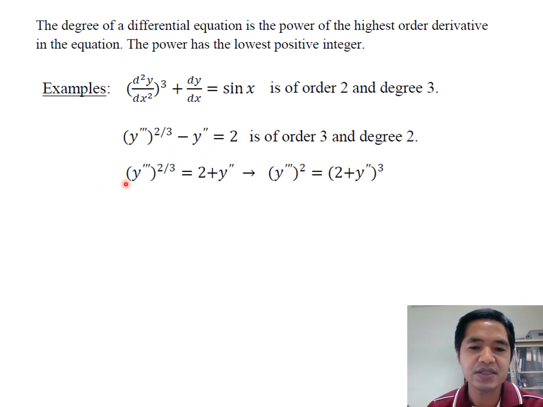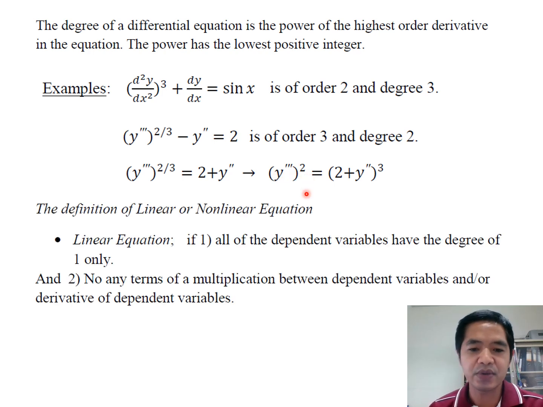We move it so y triple prime to the 2/3 is on one side, and move the other to the other side, which gives 2 plus y double prime. We have to get rid of this third here, so we raise both sides to the power 3. So on the right-hand side we have 2 plus y double prime to the third, and on the other side y triple prime to the second. So this equation has order 3, from y triple prime here, and degree 2.